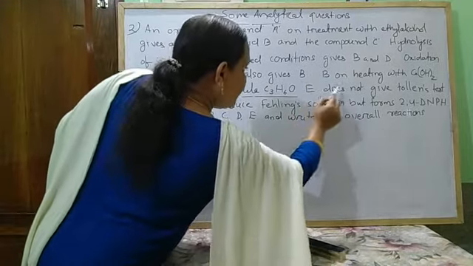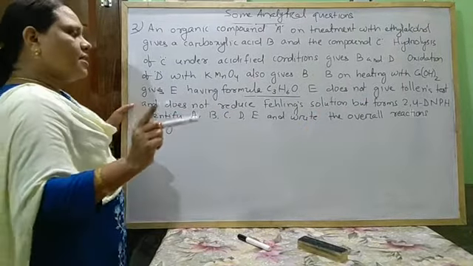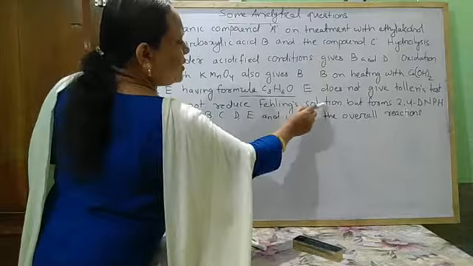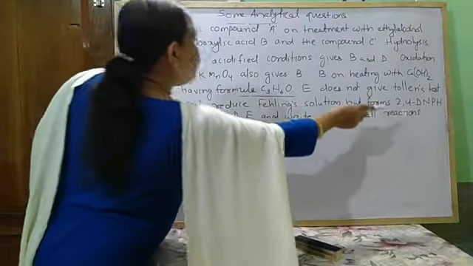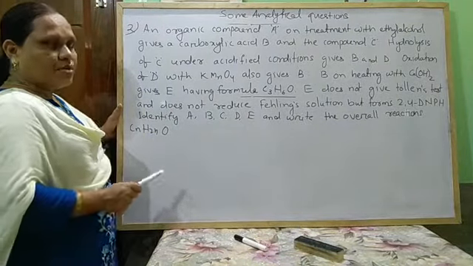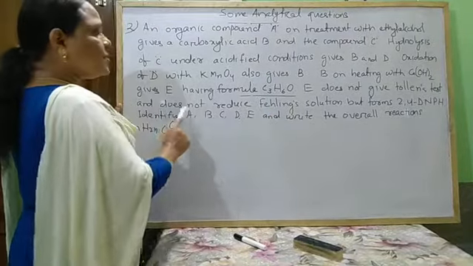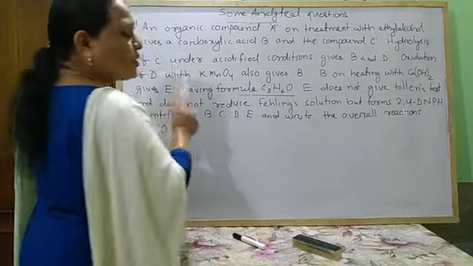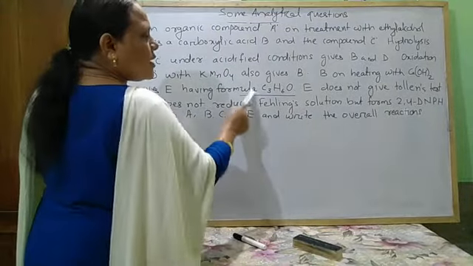But what is given? E does not give Tollens test, does not reduce Fehling solution, so not an aldehyde, but forms 2,4-DNPH. That means it is a carbonyl compound. It does not reduce Fehling solution and Tollens reagent. That means the compound must be a ketone.